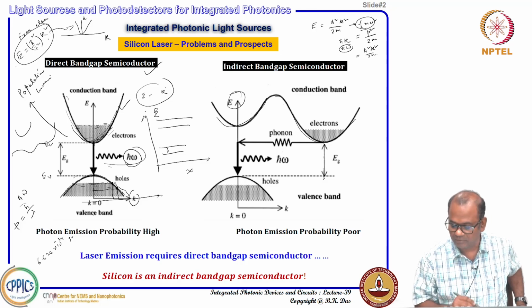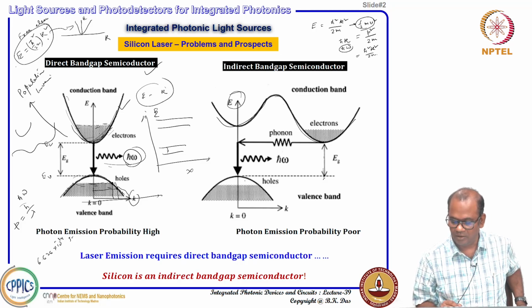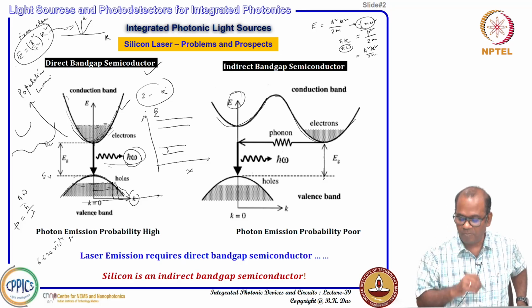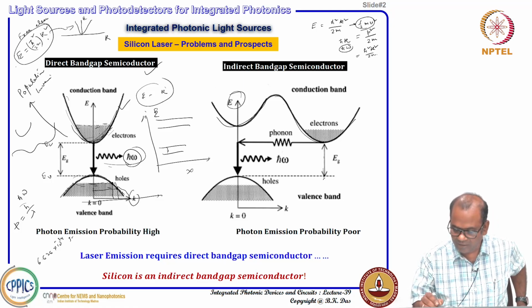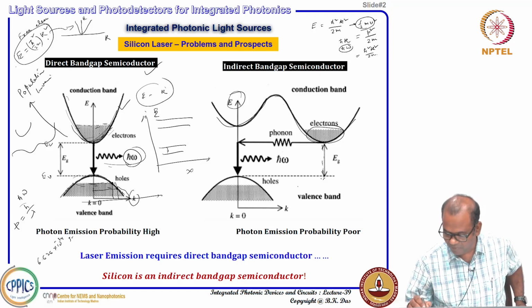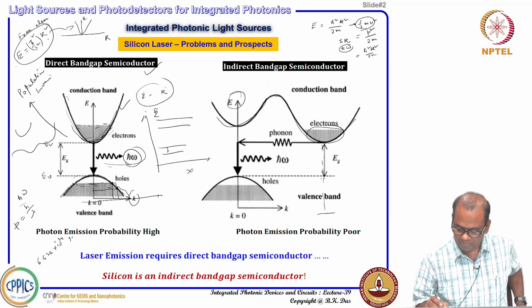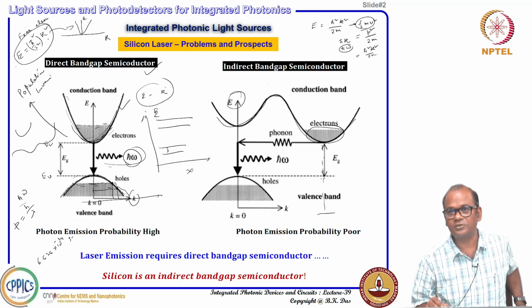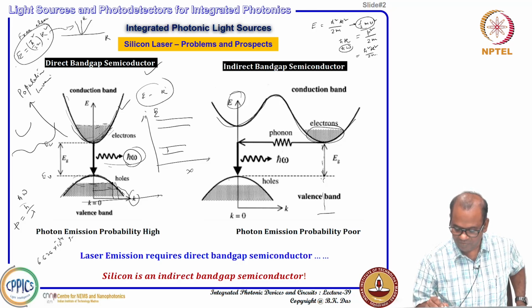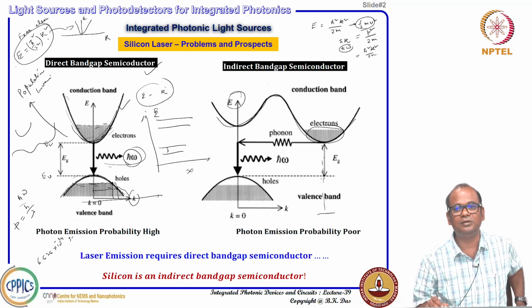This is the energy scale. So, whenever you are creating a population inversion, your electrons in the conduction band will occupy this valley along the momentum axis. But the holes will be at the top of the valence band.